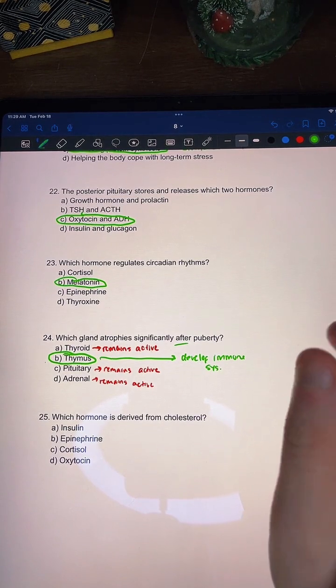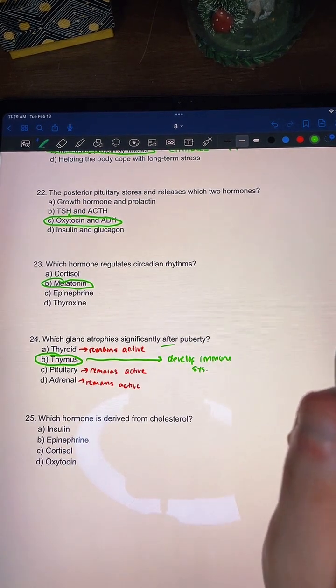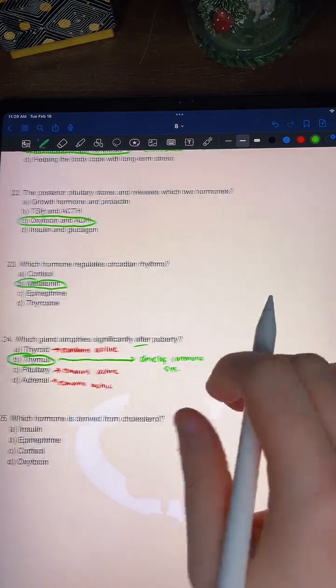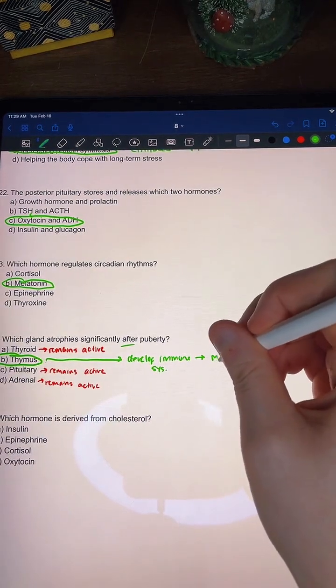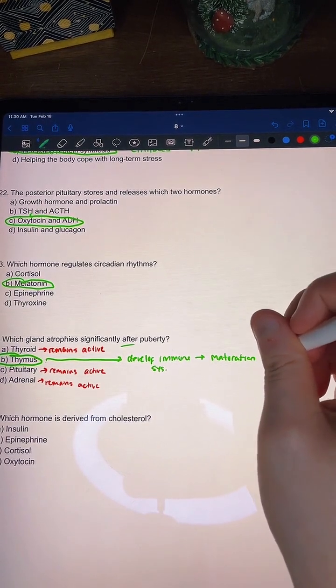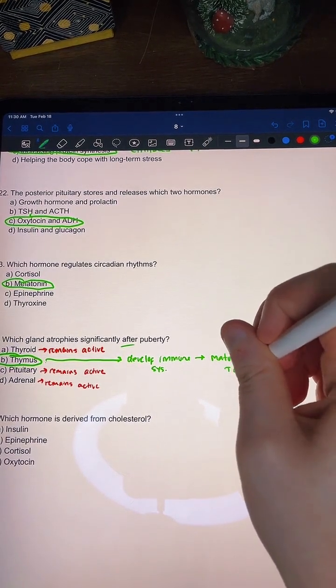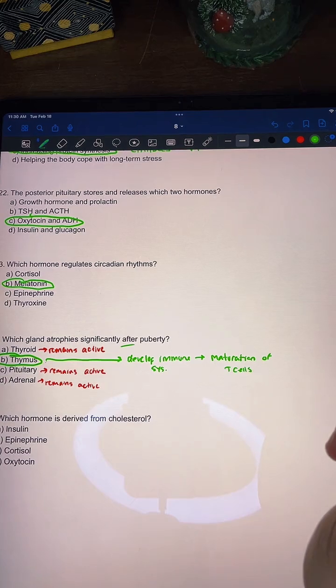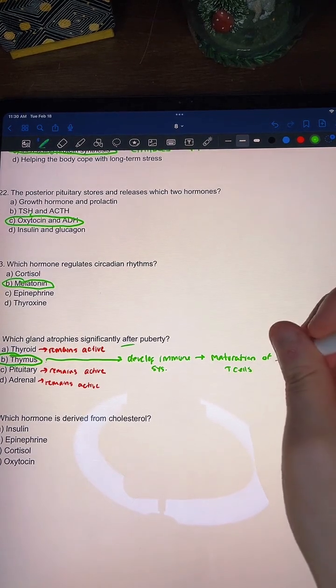But it does shrink after puberty and becomes less active, because of the maturation of T cells. So the maturation of T cells occurs less after childhood, and it's replaced by fatty tissue.